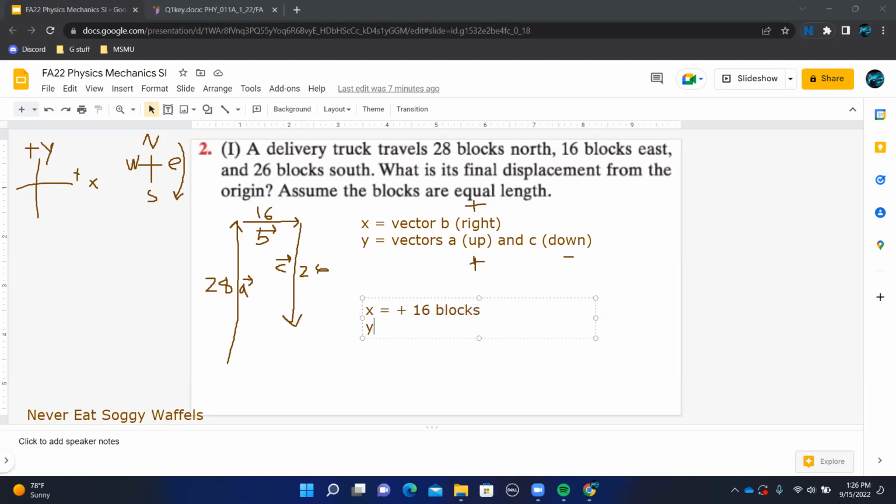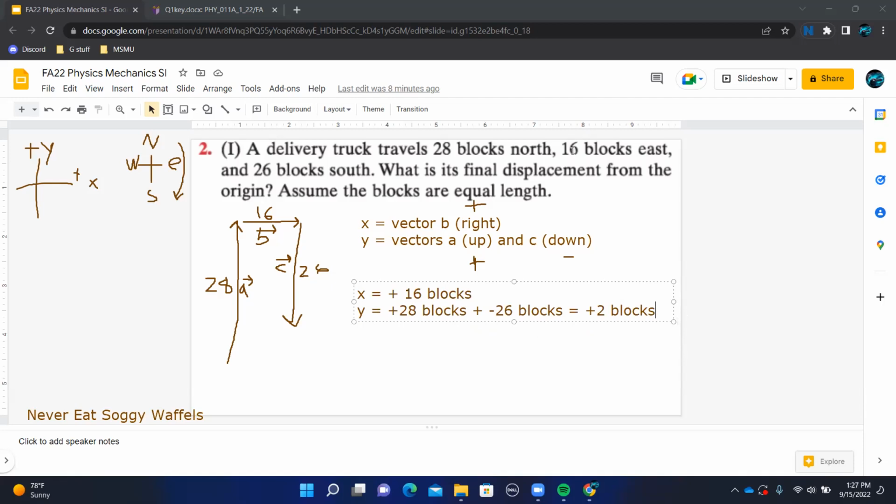In the Y direction, we have a positive 28 blocks, plus a negative 26 blocks. It should equal positive 2. Cool.